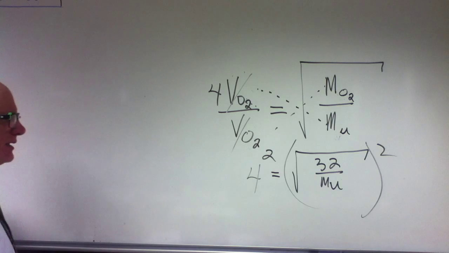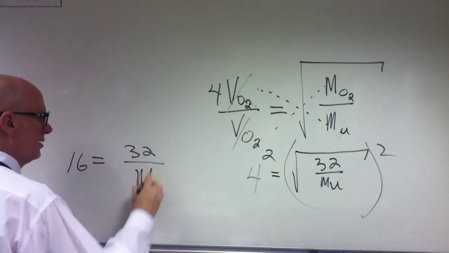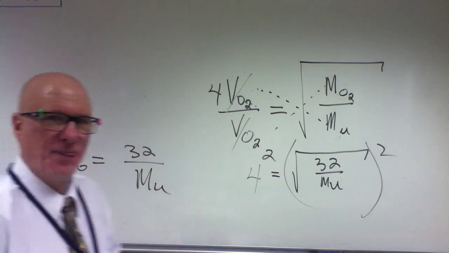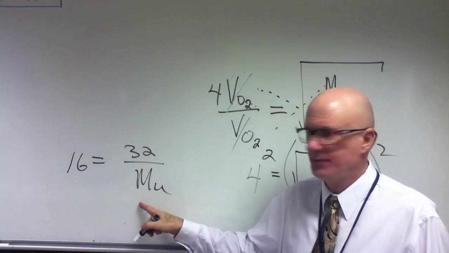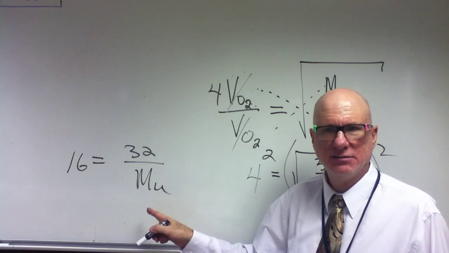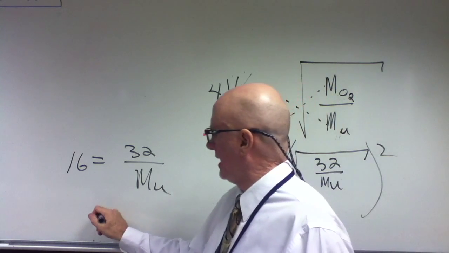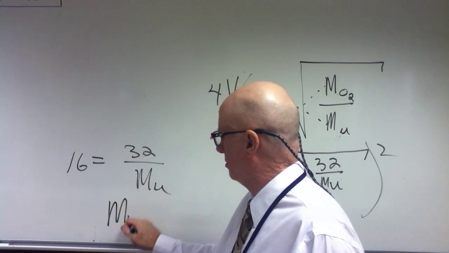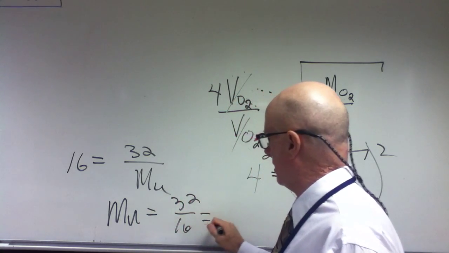What do you got? 16 equals 32 over U. Solve for that. Basic math. M unknown equals 32 over 16, which equals 2.